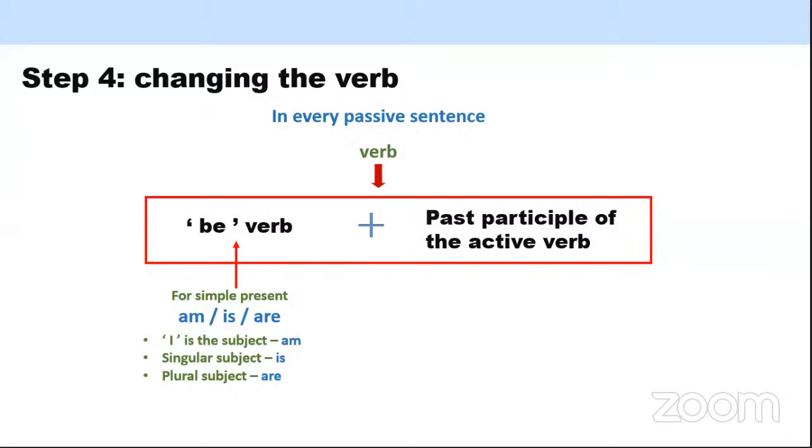For example, we are talking about simple present tense. So, for simple present tense, we use am, is, are.